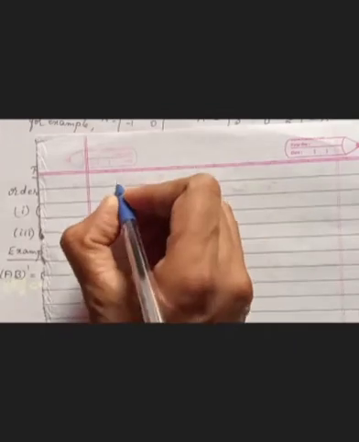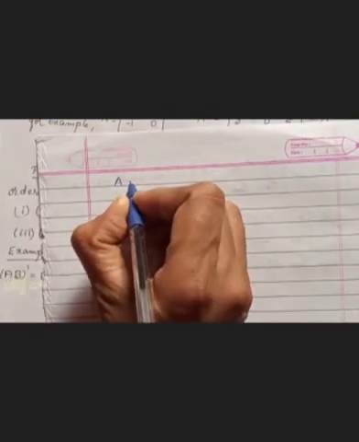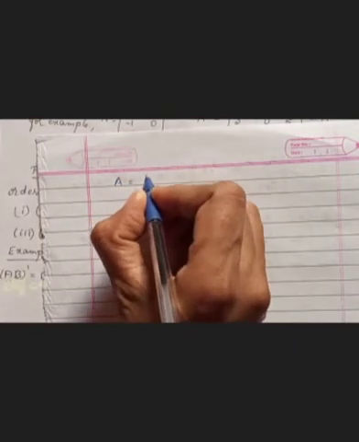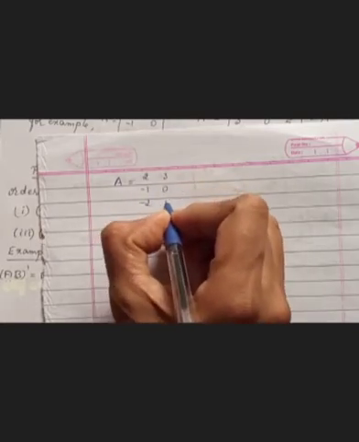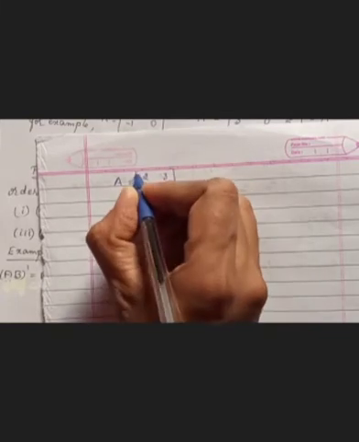For example, I'll take the same matrix: A is equal to 2, 3, minus 1, 0, minus 2, 5.